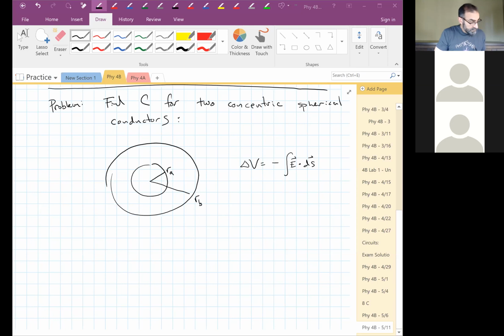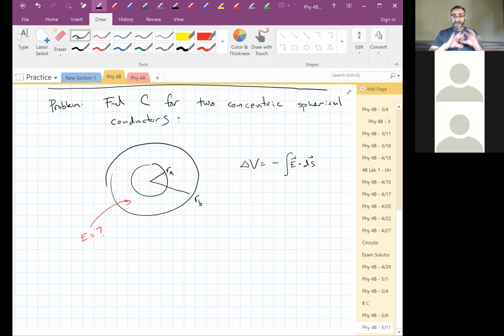So first thing we need to know is what is the electric field between the plates there? Well, we could use Gauss's law. We should know by now what the electric field is between the plates.